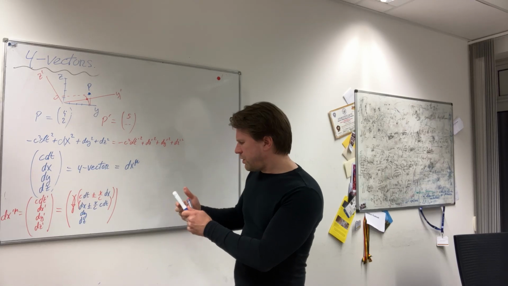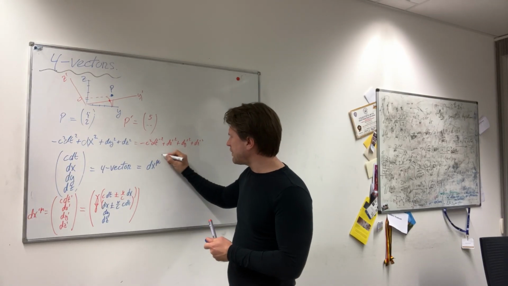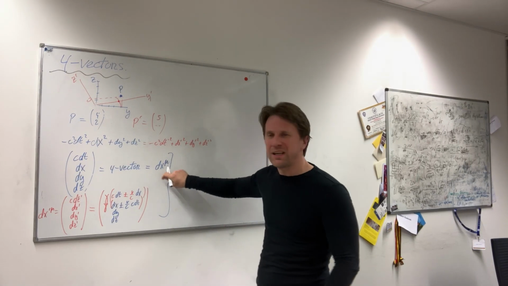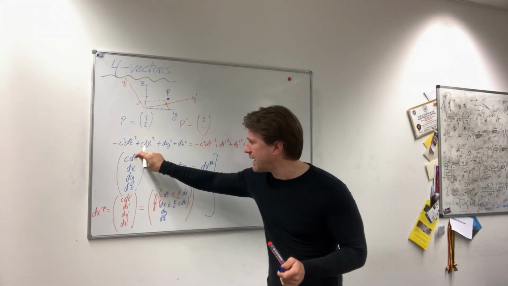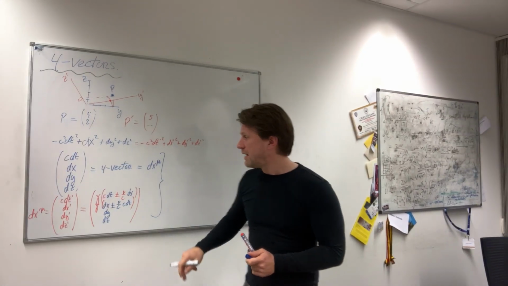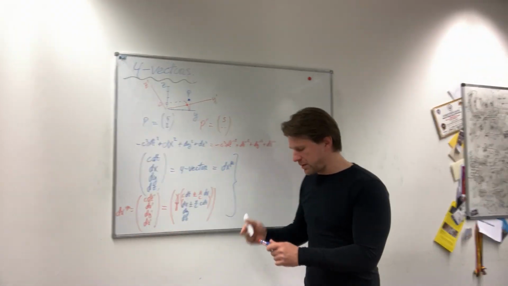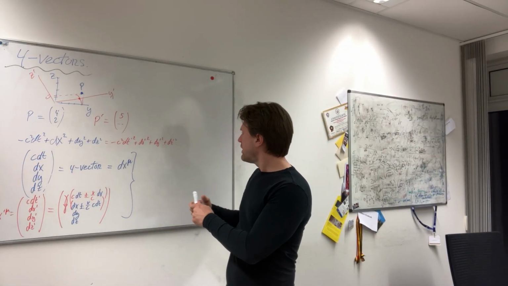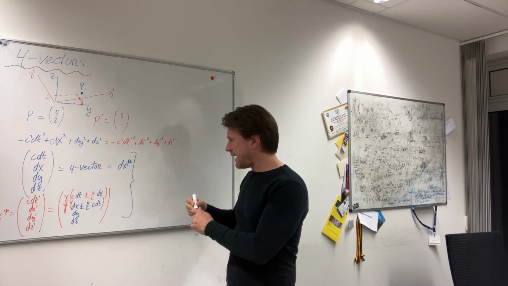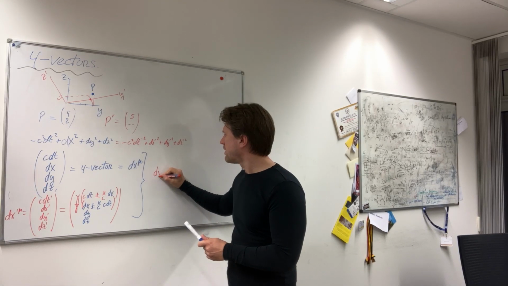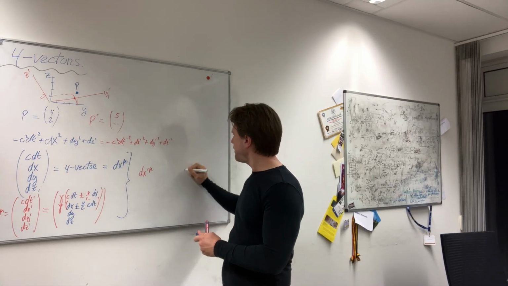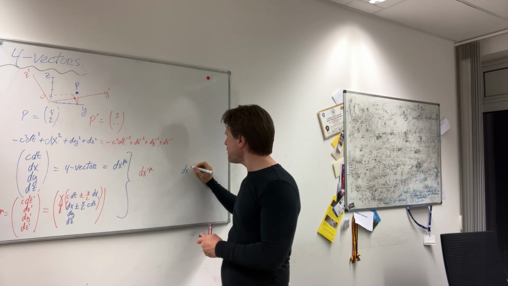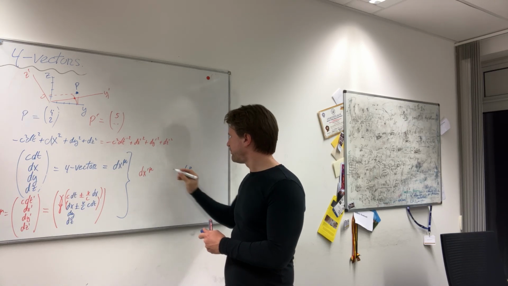But now, notation-wise, we can ask ourselves the following. We had this introduction of this new symbol, the one symbol that takes into account all 4 of these numbers. And we do the same thing with the prime system. So we really have now a dx primed mu. And we also have the dx unprimed mu.